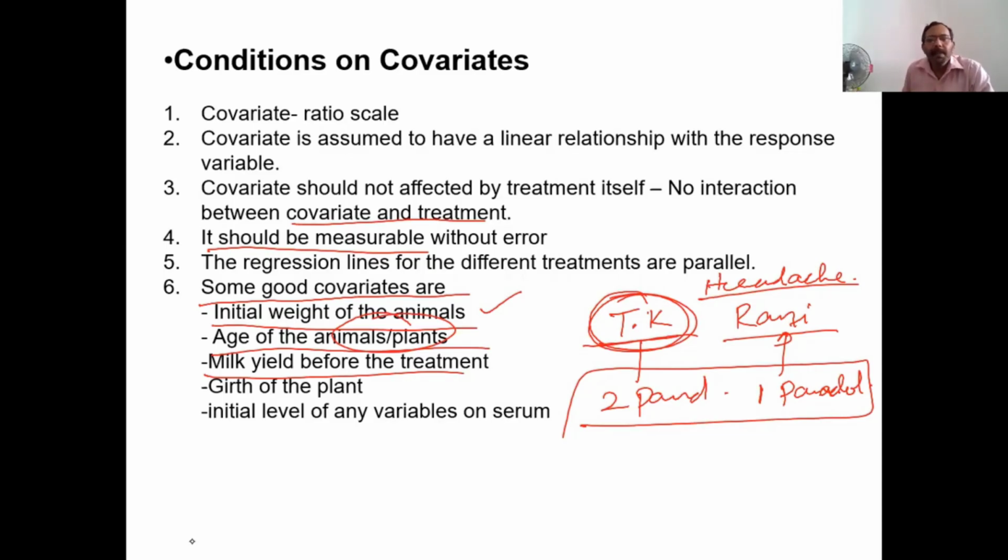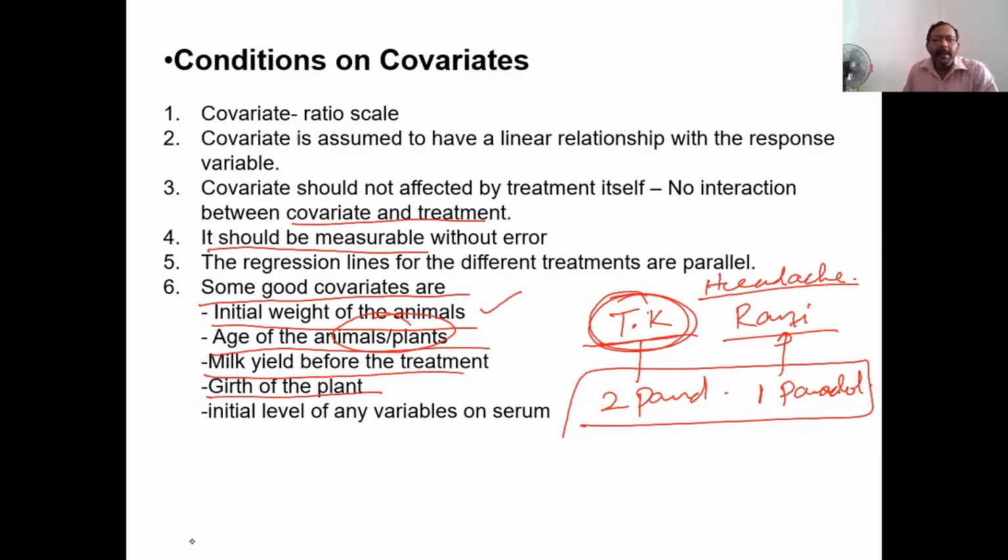So before giving the hormone, I can take the initial milk yield as the covariate. Later we will see how to adjust these values. So that is good information. Diameter or girth of the plant is also one example that we can take for the covariate. You see, different examples are there.